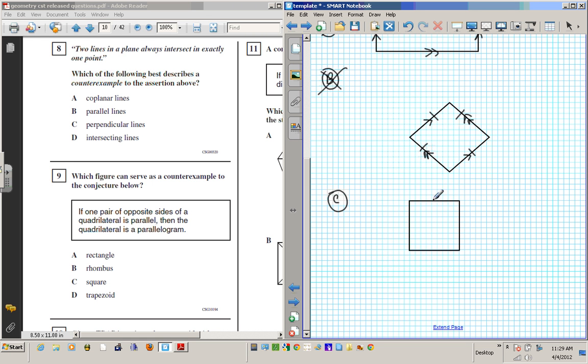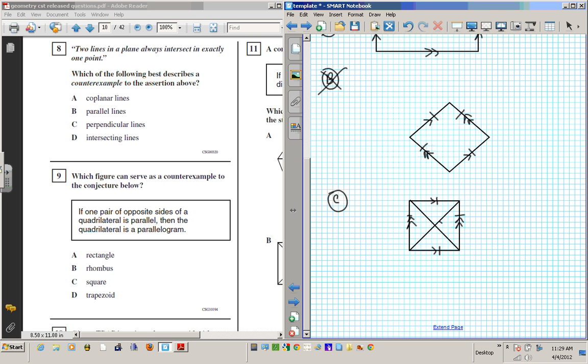In this one, opposite sides are parallel, all four sides are congruent, and the diagonals intersect at right angles. For a square, the diagonals always intersect at 90 degrees.